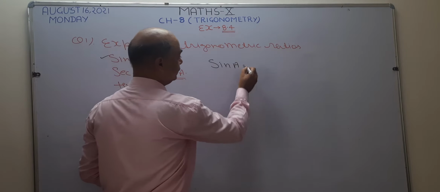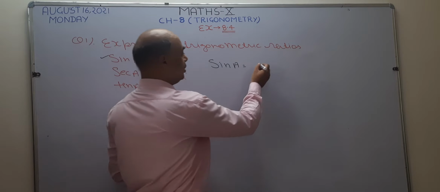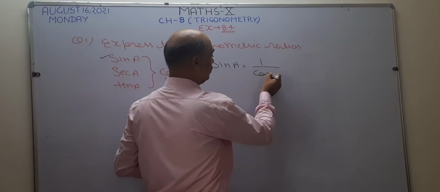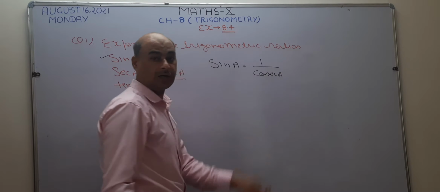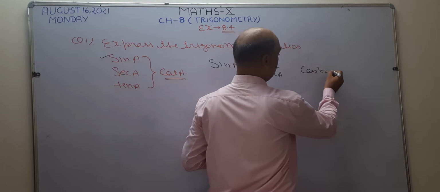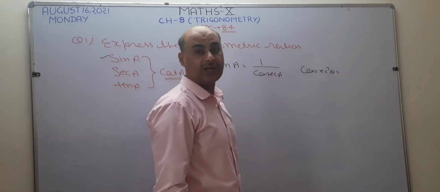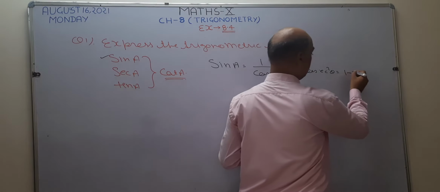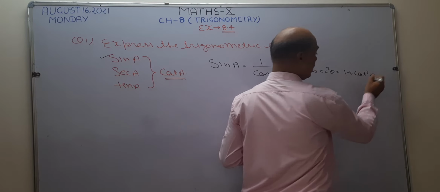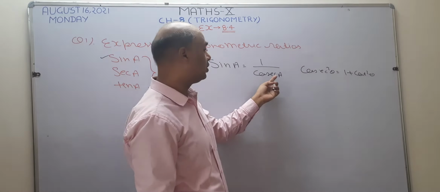First one is sin A. You know what is the reciprocal of sin A? The reciprocal of sin A is 1 upon cosec A. Okay, and you know the identities. If I ask what is cosec square theta, cosec square theta is equal to 1 plus cot square theta. But in our question, square is not there, cosec is there.